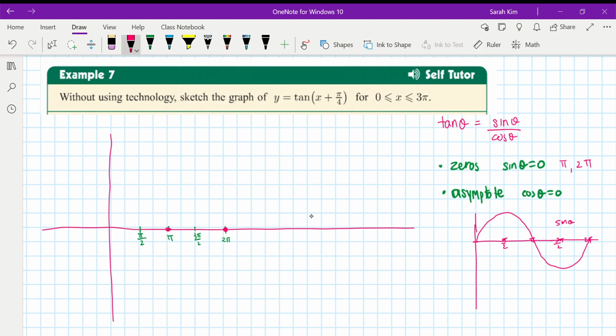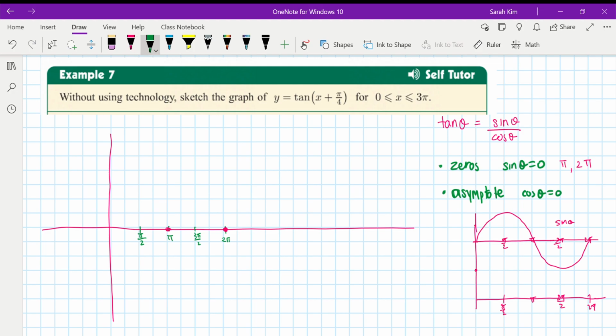Now cos theta starts from the downward curve first. So like this. Pi over 2, pi, 3 pi over 2, oh, did I miss something? And then 2 pi.